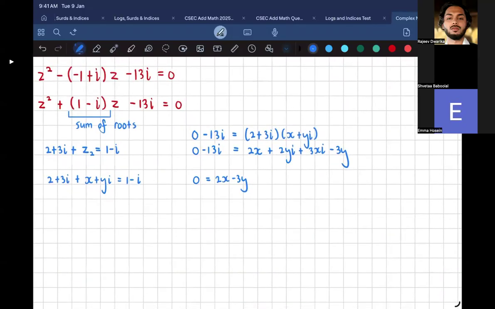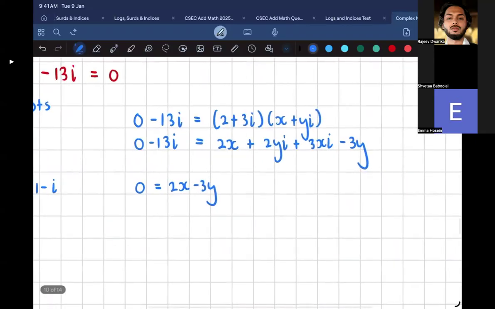So 0 is equal to 2x minus 3y, that's the real part. And then the imaginary part would be minus 13 is equal to 2y plus 3x.